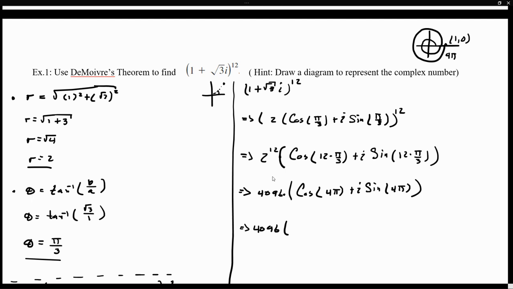So the cosine is equivalent to 1 plus i times the sine of 4 pi, which is 0. And now this just becomes 4096 times 1, because 1 plus 0 imaginary is just 1. So this is just equivalent to the value of 4096.